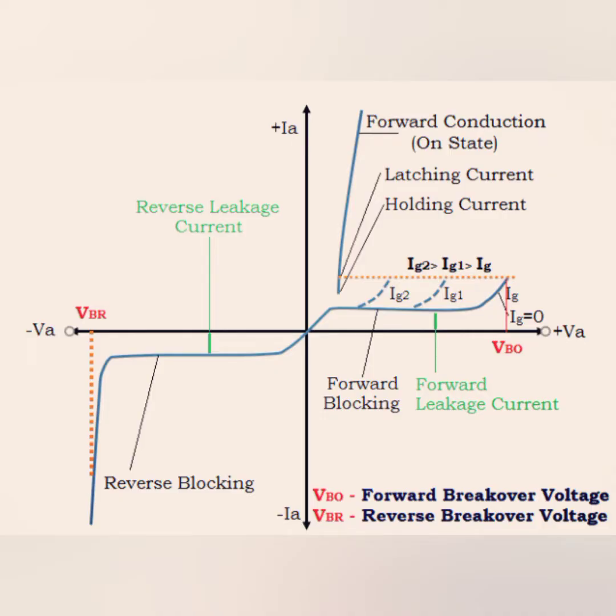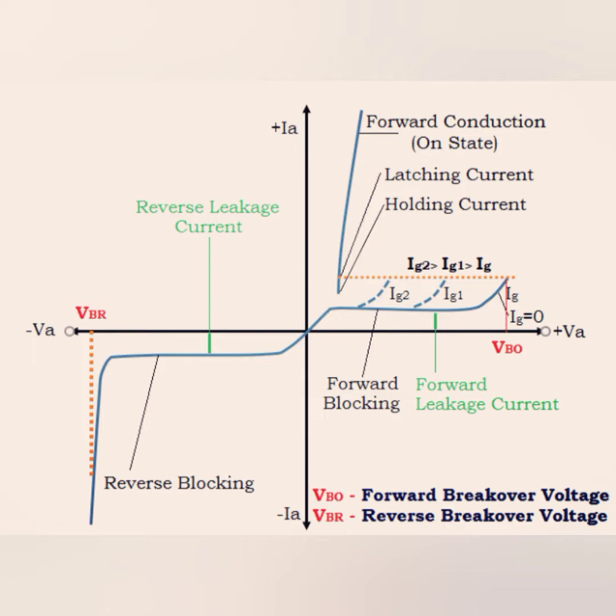Now we will see one graph for example. This is how the reverse and forward breakdown takes place. Here, in the forward conduction on state, the latching and the holding current are given. Then the reverse blocking has been given.